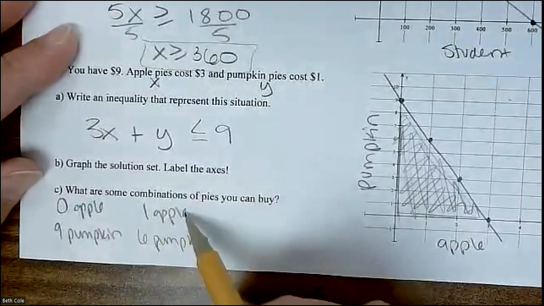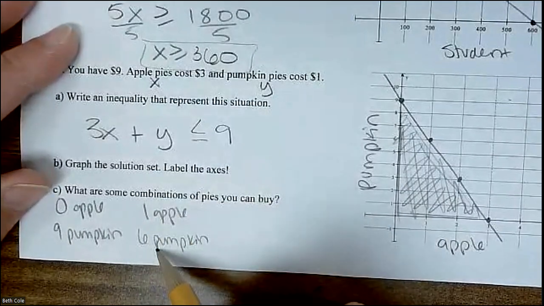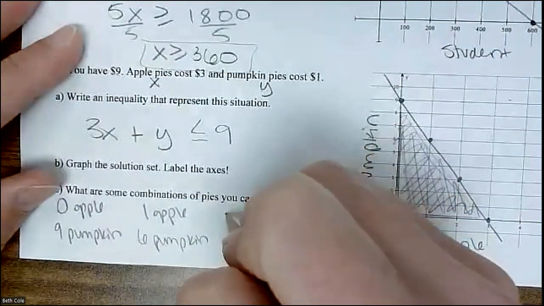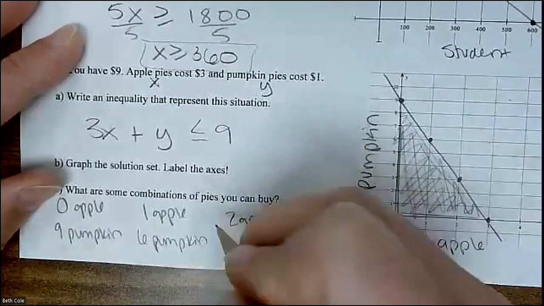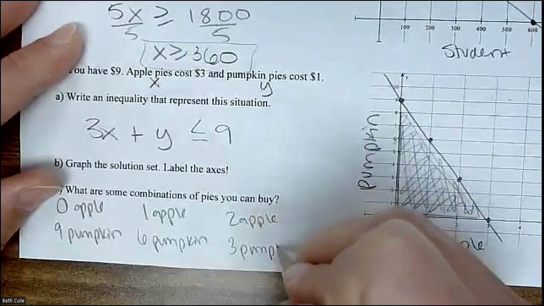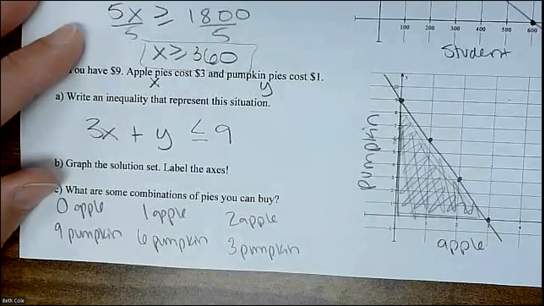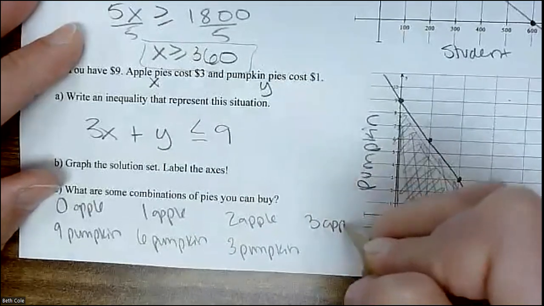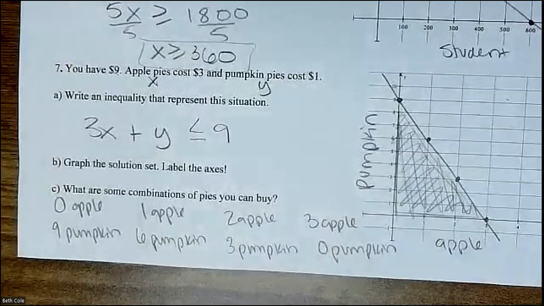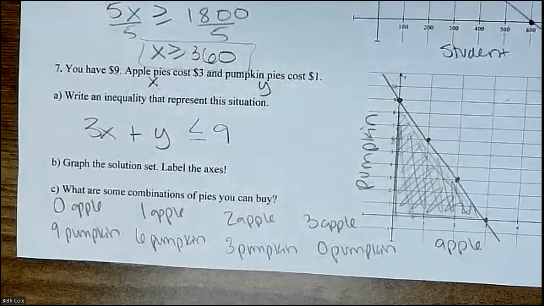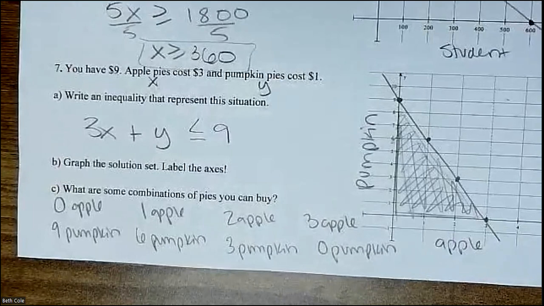So that's $3 for an apple pie, so you have $6 left over, and those are $1 each, so 6 pumpkin. You can buy 2 apple pies and 3 pumpkin pies. Or you could buy all apples. So you can get 3 apple pies and 0 pumpkin pies. Now that's assuming they don't sell like half of a pie, which they probably don't. It would be like a whole pie.